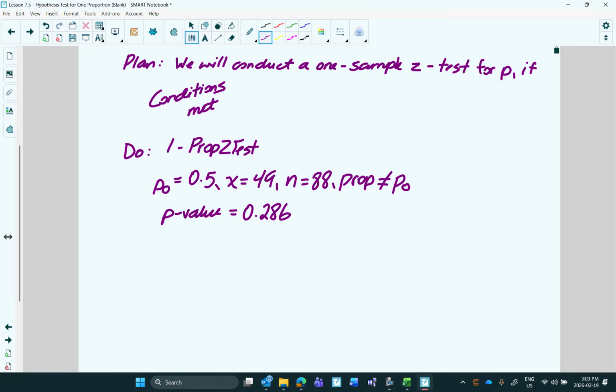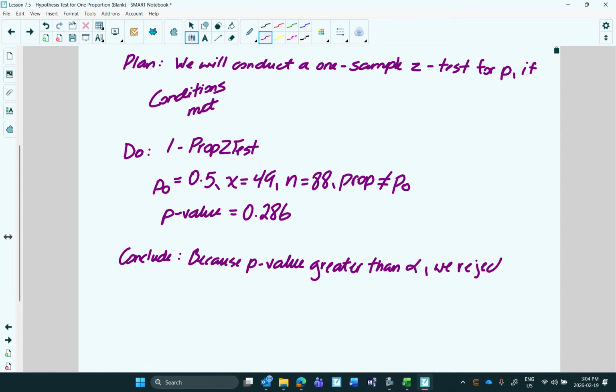So again, for our conclude, I'll just keep it shorter. Because p-value is greater than alpha, we again fail to reject H0.